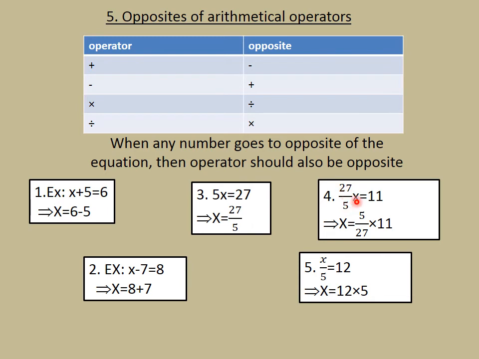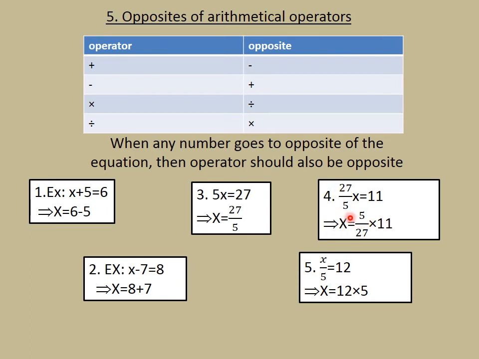27 upon 5 into x is equal to 11. 27 by 5 I want to take to the right hand side of the equation.